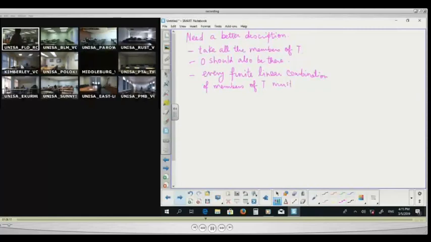That's it. That's it. Why? Let's now do a mind check. This is the set of all finite linear combinations.